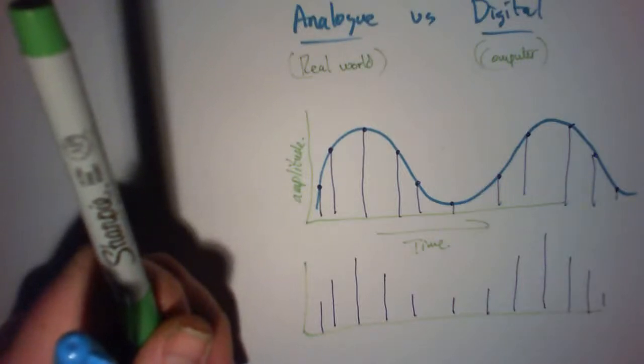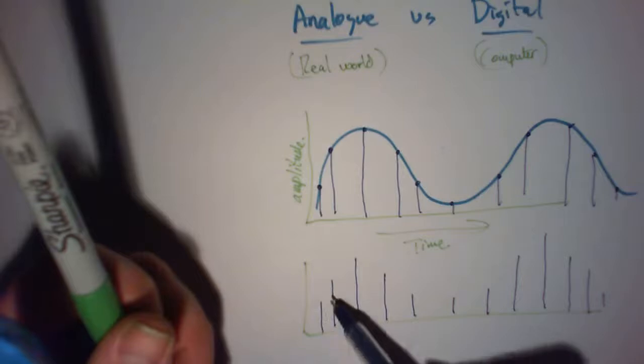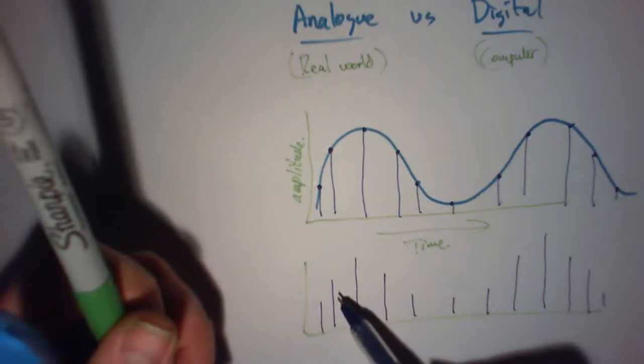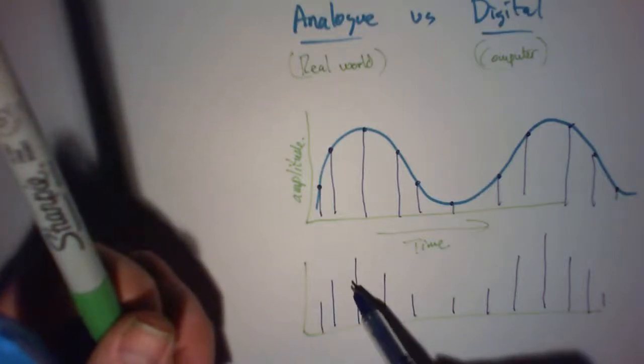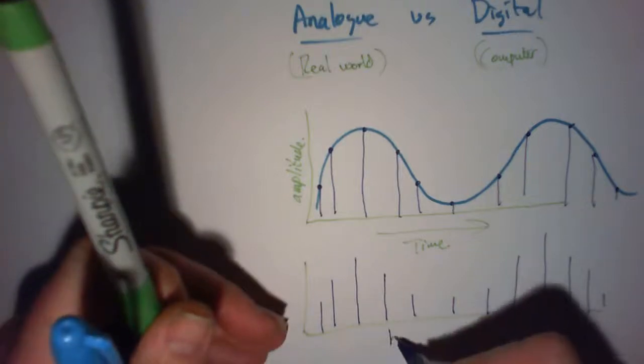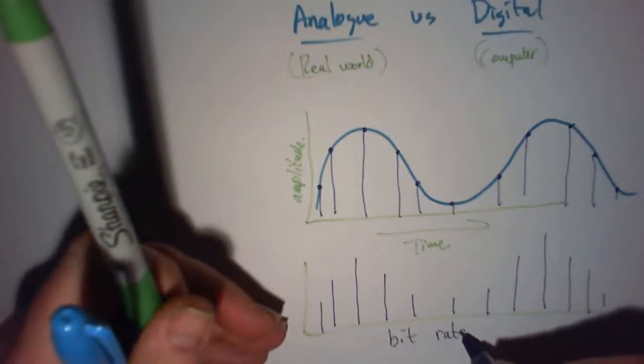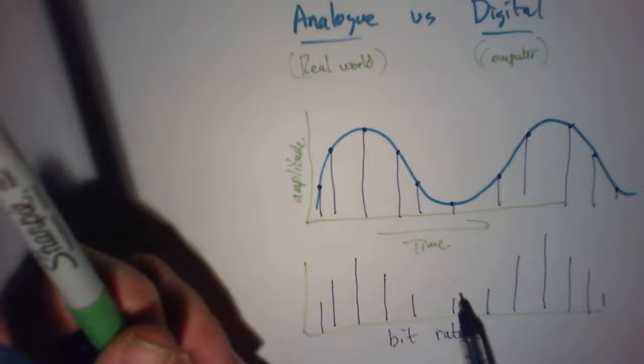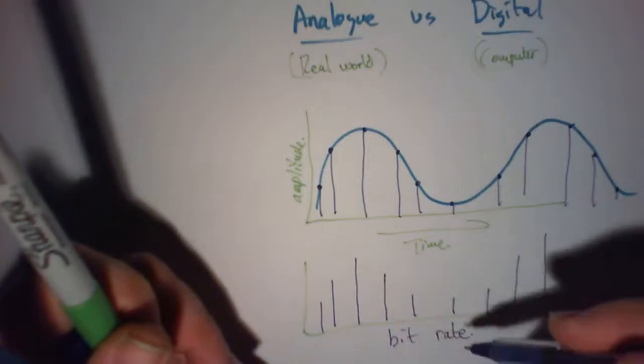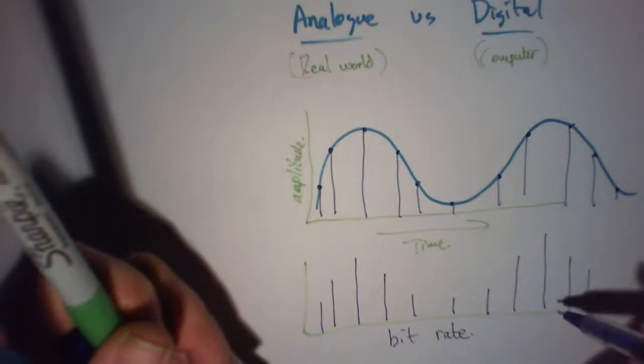So obviously the amplitude can only take a certain value. The height can only take a certain value depending on what's called the bit rate, and that's the rate at which you sample the analog signal.